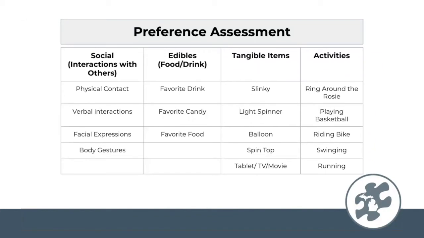Oftentimes, individuals that are not on the spectrum look forward to doing something on the weekend, look forward to doing something after work. We need to teach our individuals that we're teaching these skills to look forward to things. Life is full of a ton of different things to look forward to, but only when we go through the day, and there's going to be challenges, there's going to be stressors, there's going to be things that are difficult for us, and we want to look forward to something more reinforcing or more enjoyable for us.